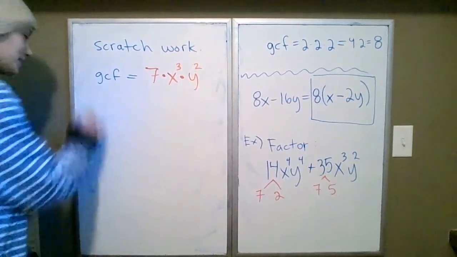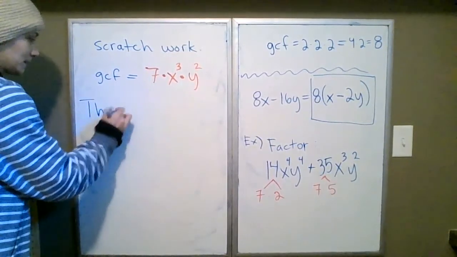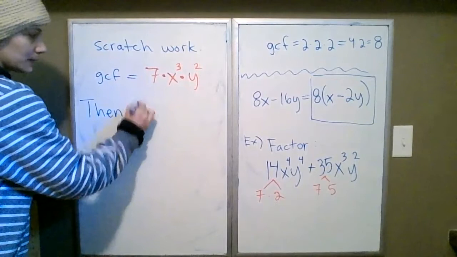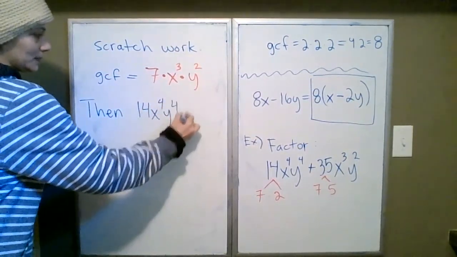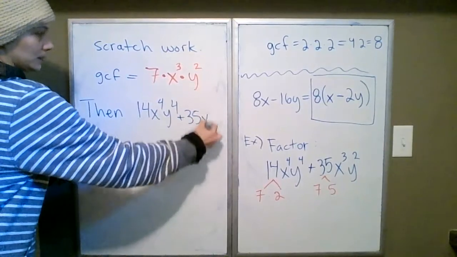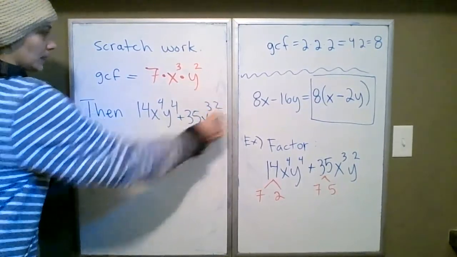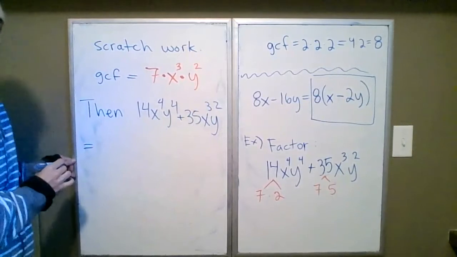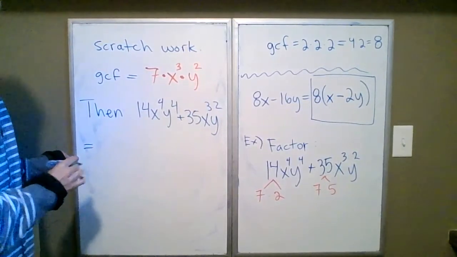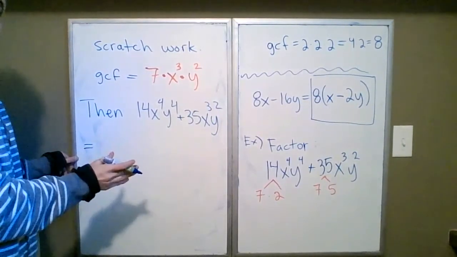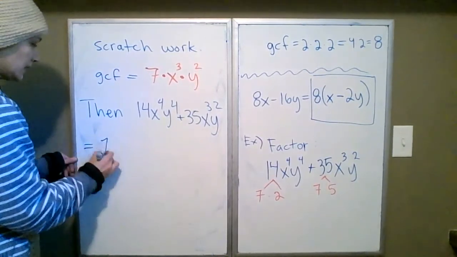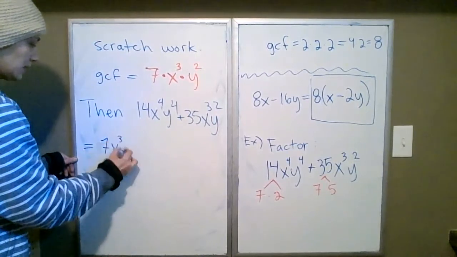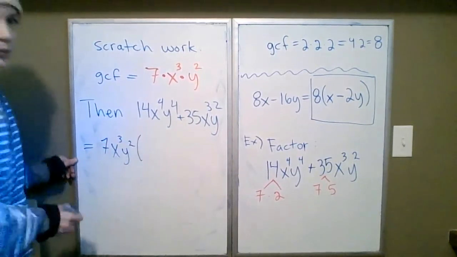Rewrite the expression. And it will factor into a product. One part of the product is the greatest common factor, 7x cubed y squared, multiplied with.